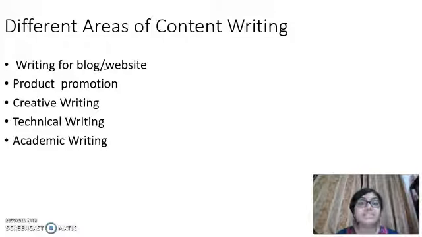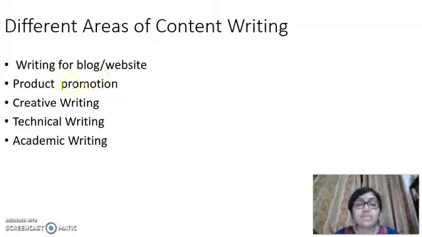And who writes it? The content writers. Content writers are responsible for writing this website content, and writing blogs, personal blogs or professional blogs. Different blogs and website content are written, and it is very lucrative. Let me tell you, it is very lucrative.